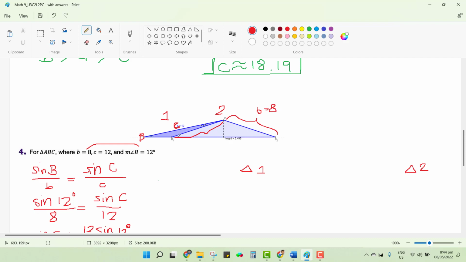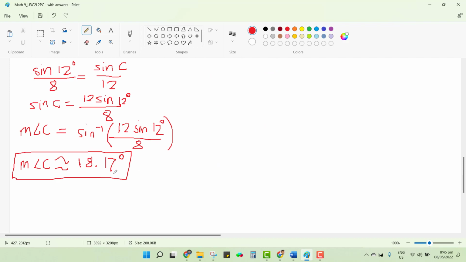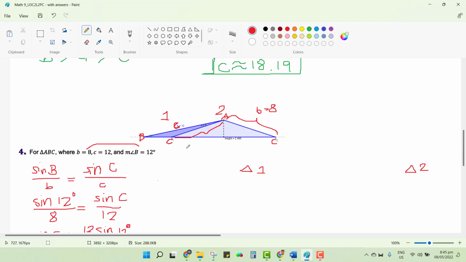So the notations here are not anymore B1, it's C1 and C2. This is now your angle A. So this is side c, so its opposite angle should be C, either this or that. So the question right now is, the angle of 18.17 degrees is located where?